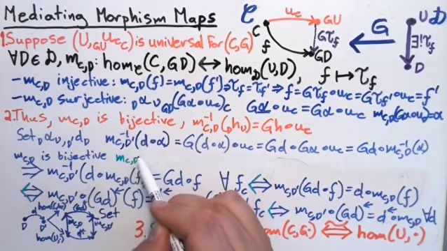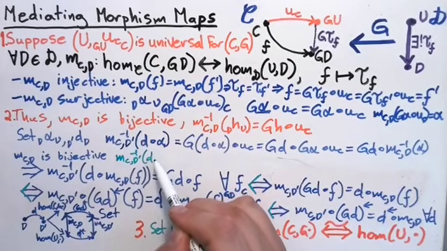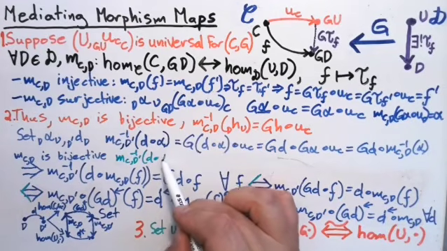MCD prime inverse of D after. So this would be MCD of MCD inverse of alpha. So this would just be alpha.